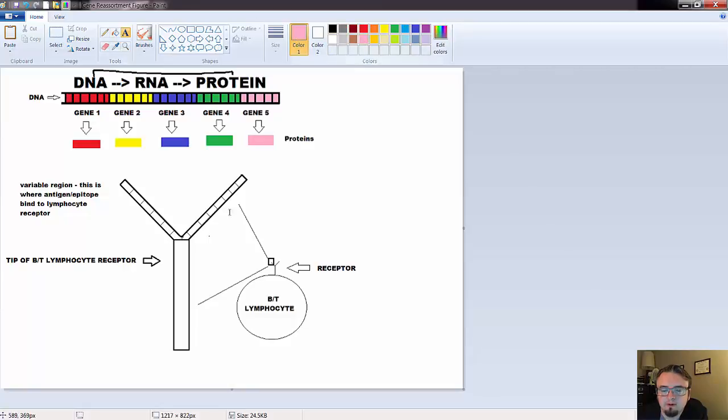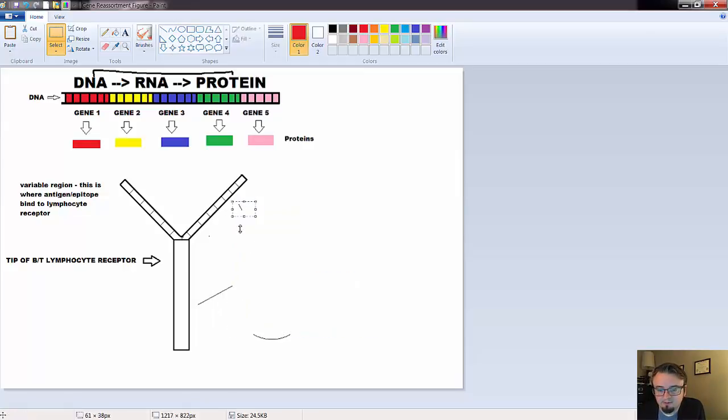Now the way these proteins arrange themselves in our receptor configuration is that they will align themselves somewhere up and down the tip of the receptor, this variable region. We have 500 genes, but let's just show how it would work with just 5 genes. We'll use a smaller example.